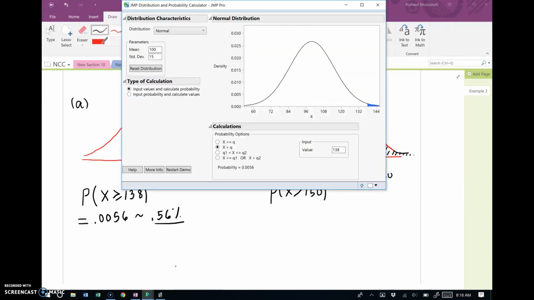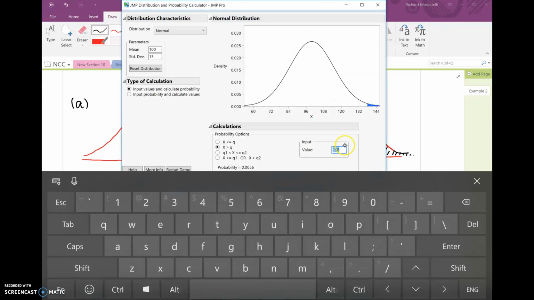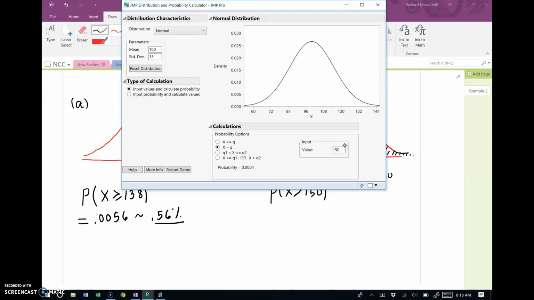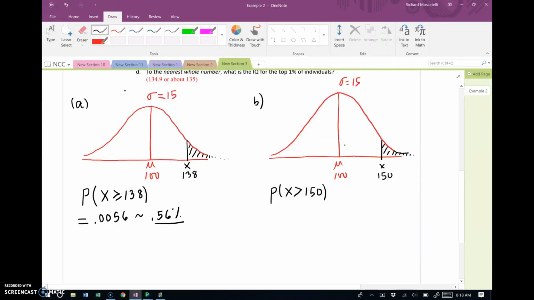If I go back to JMP, I'm just going to change this value to 150. And as you can see, I get 0.0004 for a probability. Don't forget JMP is only giving me 4 decimal places here.